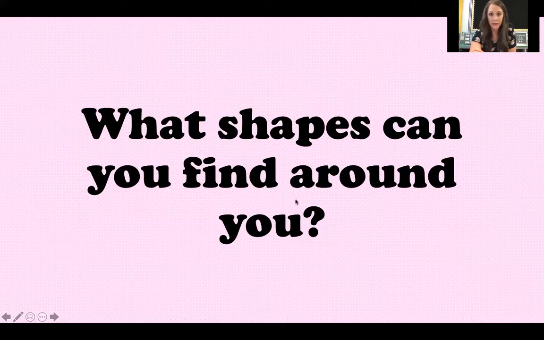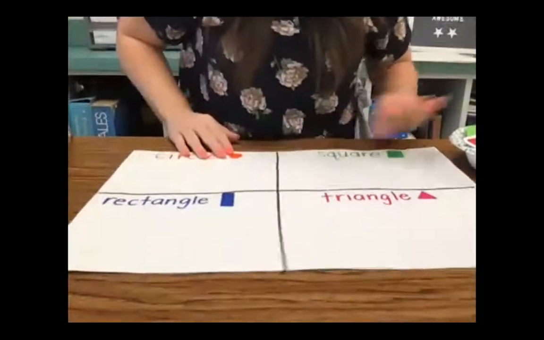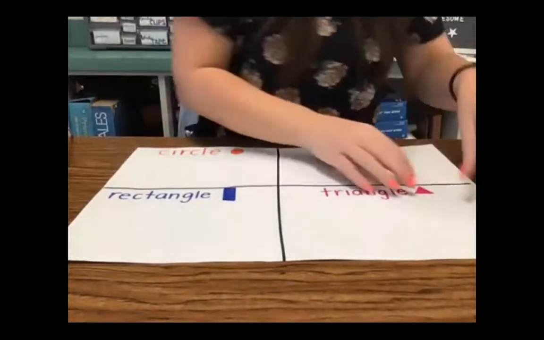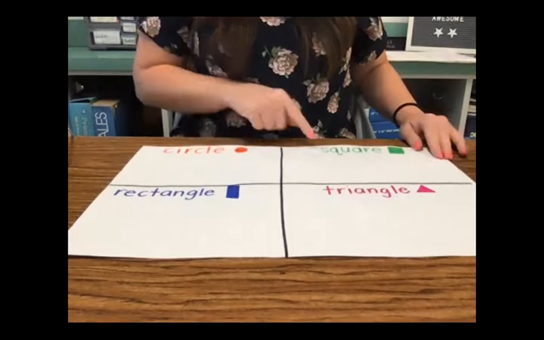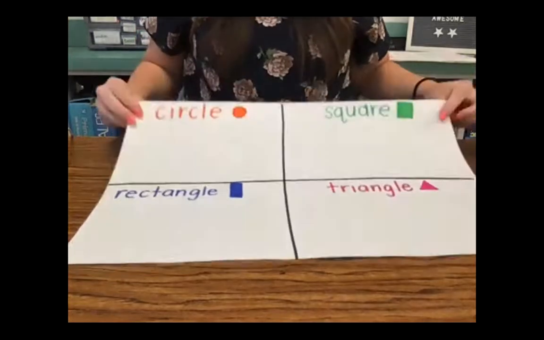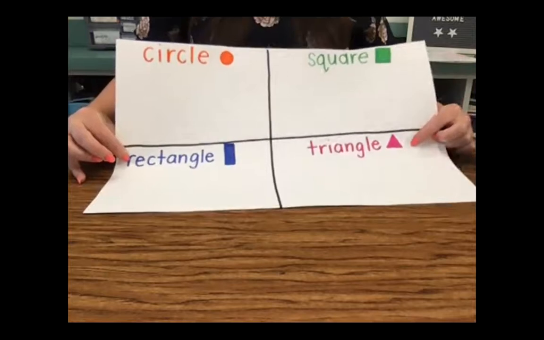So what we're going to do now is I'm going to bring my screen back so everybody can see. What we're going to do now is we're going to practice sorting some shapes all together. So I have here this sorting mat, and this has the same 4 shapes that we just talked about. It has circle, square, can you see that? Circle, square, rectangle, and triangle.